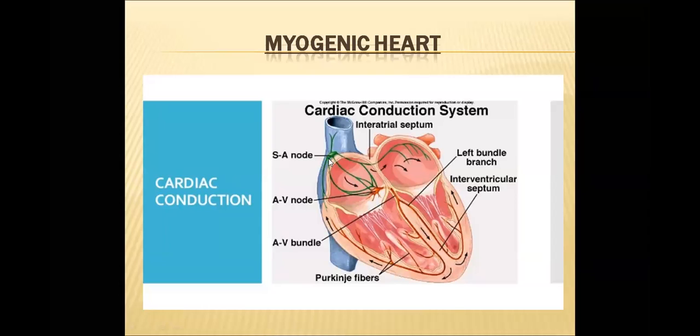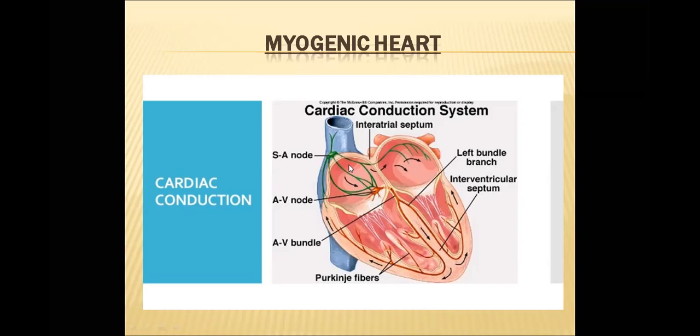So in this way, here we have a conducting system. It starts with the SA node. The SA node gives many conducting fibers. These conducting fibers are connected to the AV node, and from this AV node again, the bundle of His fibers and Purkinje fibers come. All these are distributed throughout the walls of the heart, the auricle walls, and the ventricle walls.